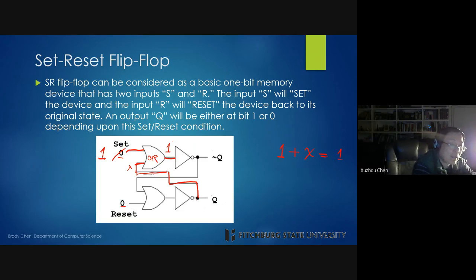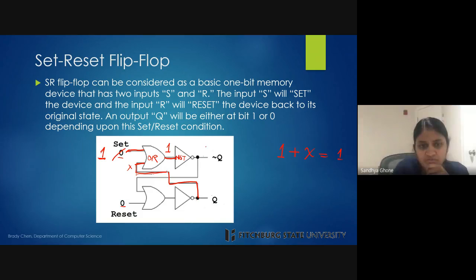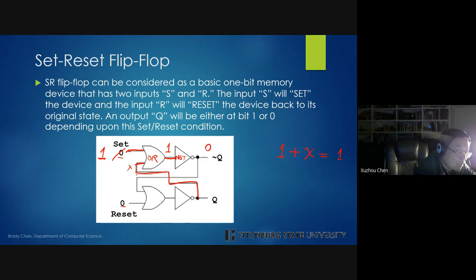If I set the set input to 1, then the output is going to be 1. If the output is 1 and I pass it through the NOT gate, the output of the NOT gate is going to be 0. Now remember, both sides were 0, so I only changed this to 1, but this is still 0.